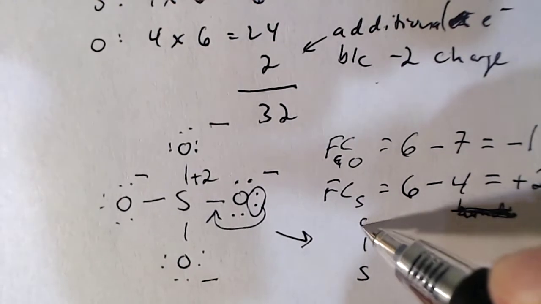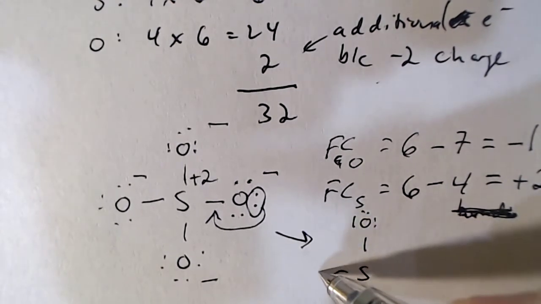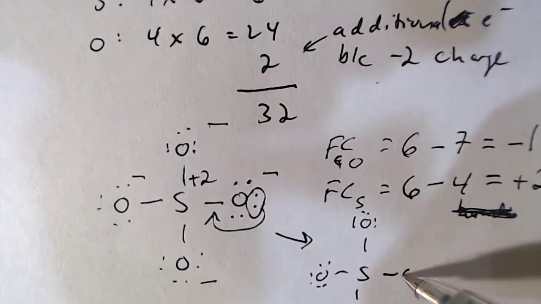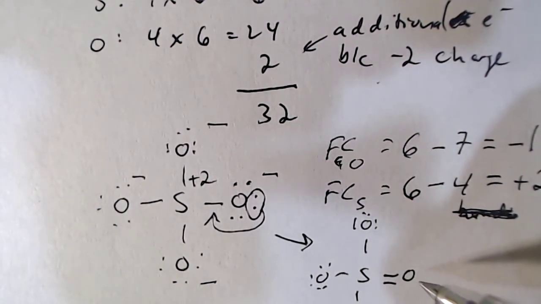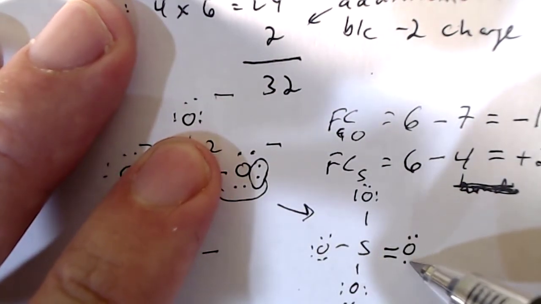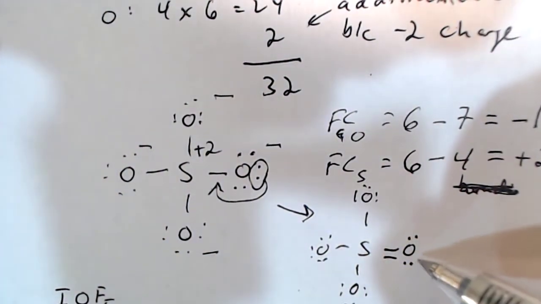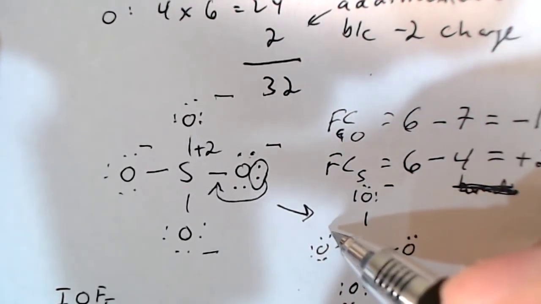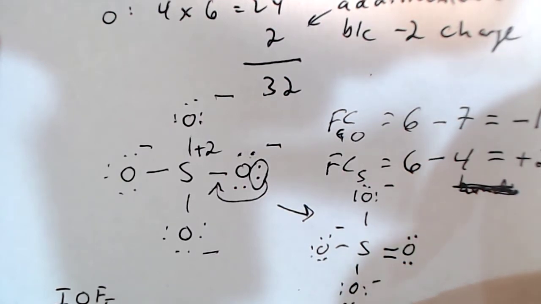So all these other ones are still the same. But over here we now have a double bond on the oxygen and only 2 lone pairs instead of 3. This one still has a negative formal charge.